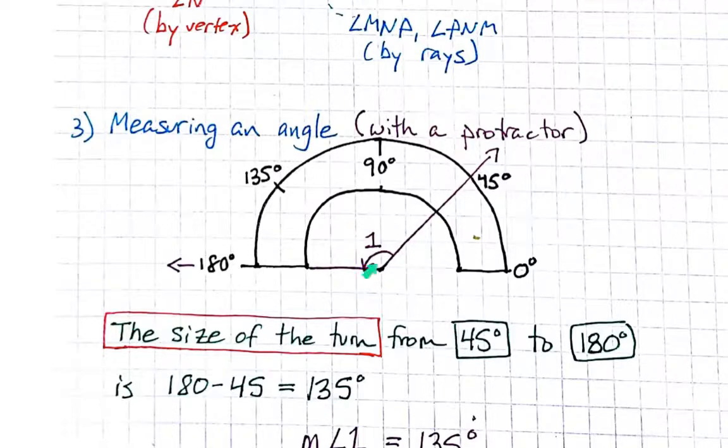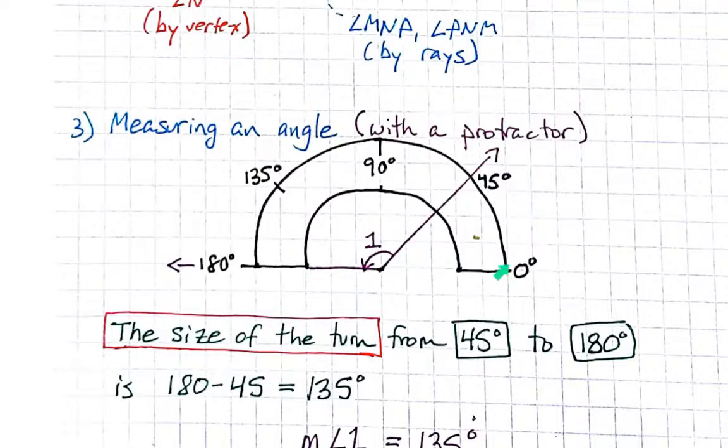So when you're using the protractor, it will have a center which you place right on the vertex, and then both the rays go through the protractor, but it's best to place one that goes through either the 180 or the 0, so you can easily calculate how big the turn is. Beware, there will be numbers on the outside of the protractor, but there will also be numbers on the inside, and they go in opposite directions.